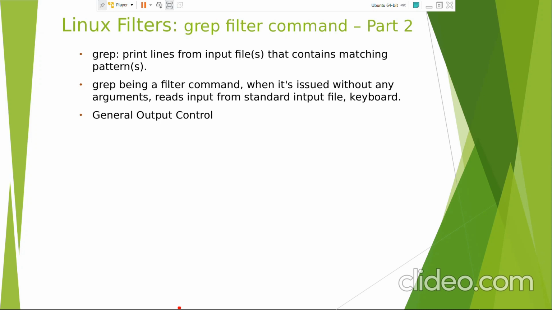In the last session, we learned about matching control options. In matching control options, we learned all the options related to the pattern: ignoring the case in the pattern, the option for specifying multiple patterns on the command line itself, and the option for specifying multiple patterns in a file so that grep reads from the file.